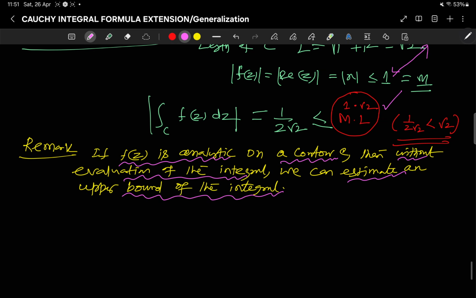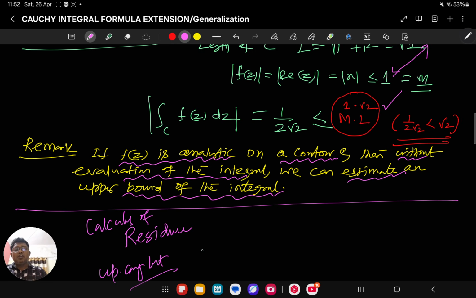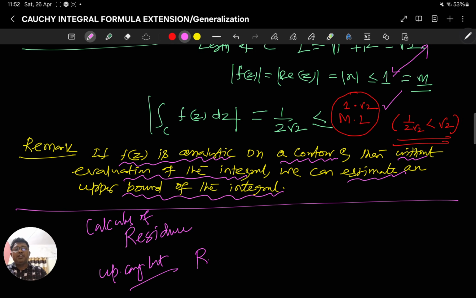Okay. So let us close this lecture here. In the subsequent lecture I will discuss the calculus of residue. That means in the upcoming lecture I will discuss the evaluation of integrals, the residue integral.